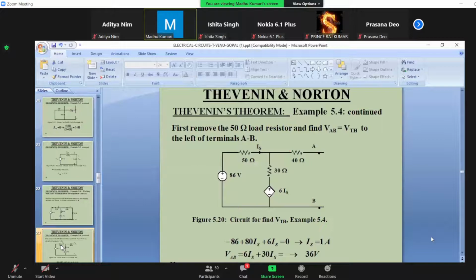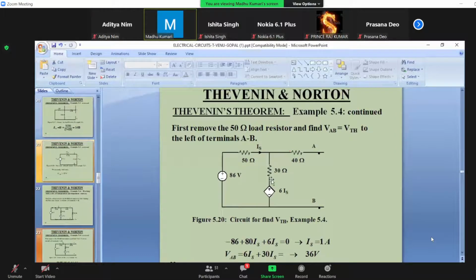First of all, you have to find out the value of IS so that the drop across A and B is equal to the drop across 30 ohm and 6 IS.